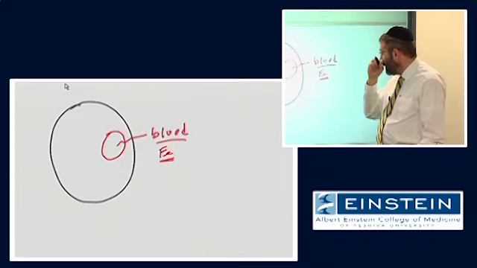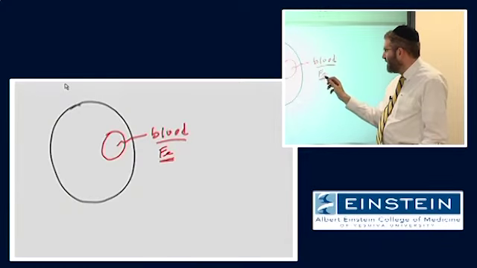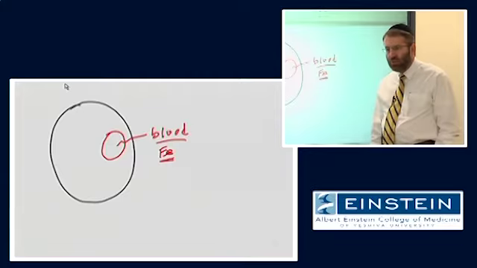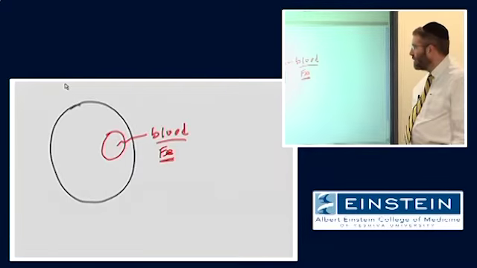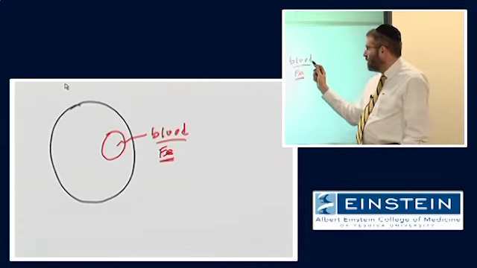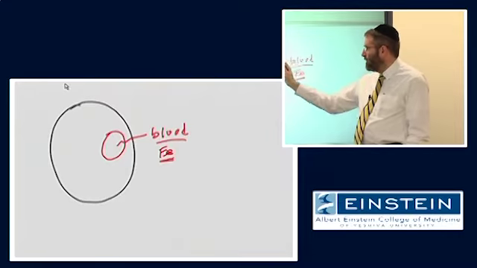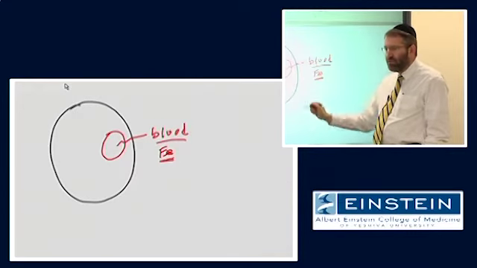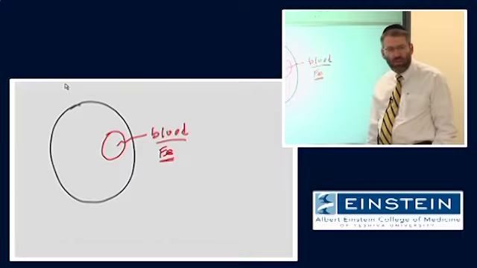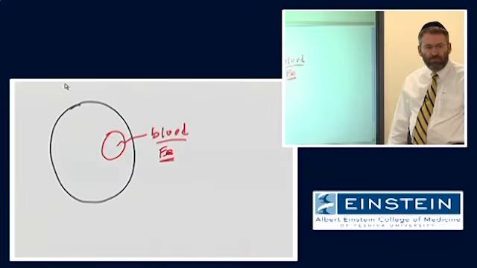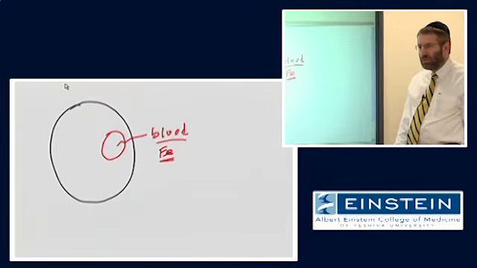Second is that the iron in hemoglobin will only have an effect on this tissue to the extent to which we have paramagnetism. Okay.